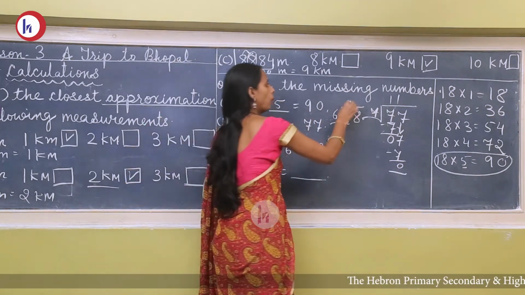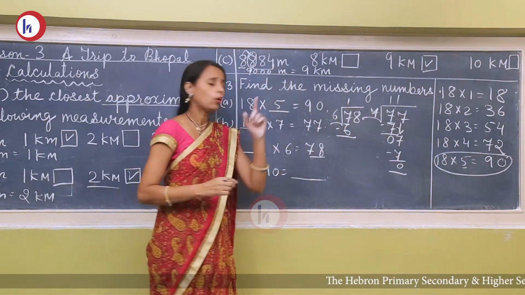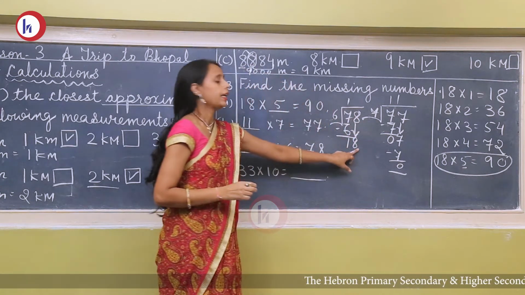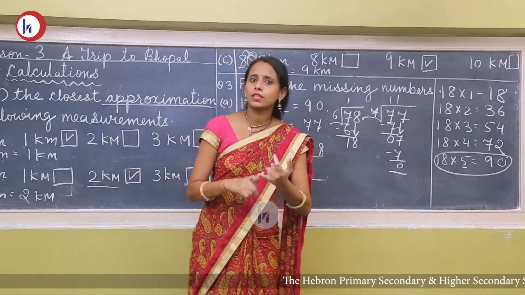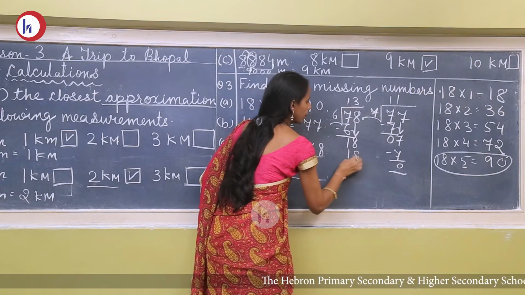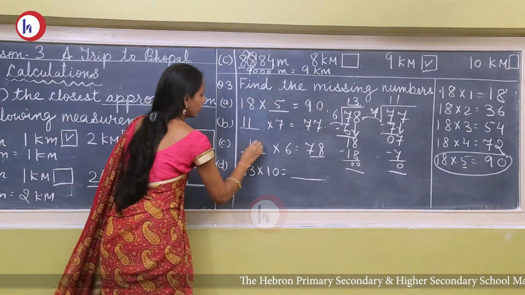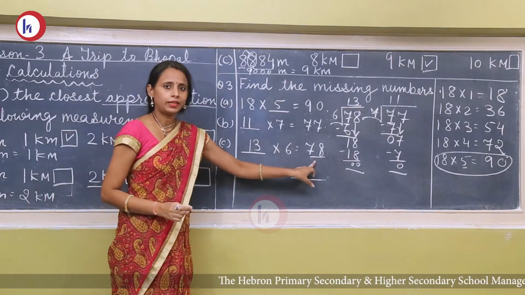So we have to take 1 time. 6 ones are 6. 7 minus 6 is equal to 1. And then 8 will come down. So here 18. Take the table of 6. 6 ones are 6, 6 twos are 12, 6 threes are 18. So 3 times will come 18. Okay, the answer is 13. When we see the table of 13, 13 sixes are 78.